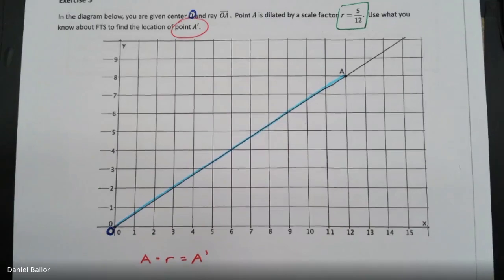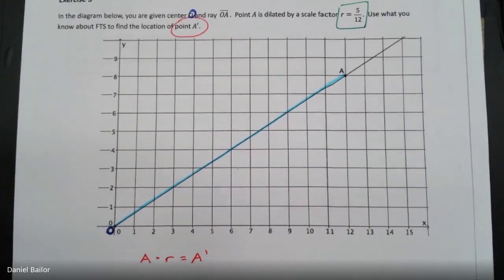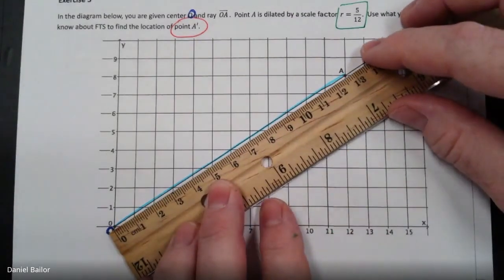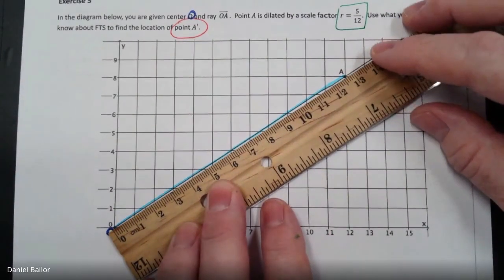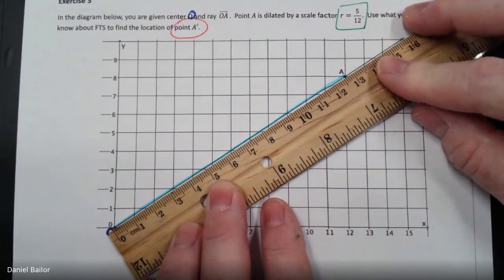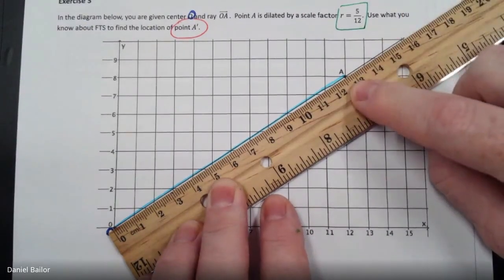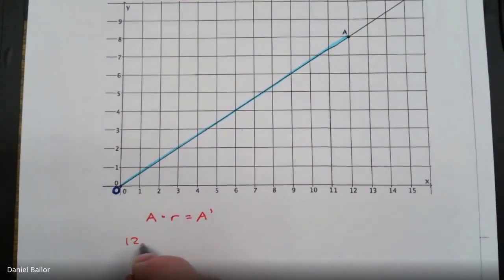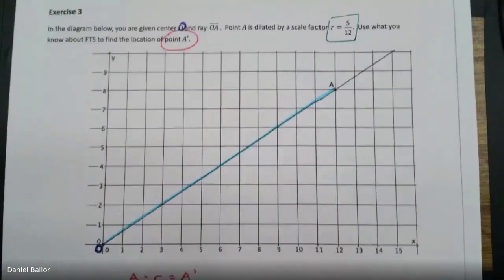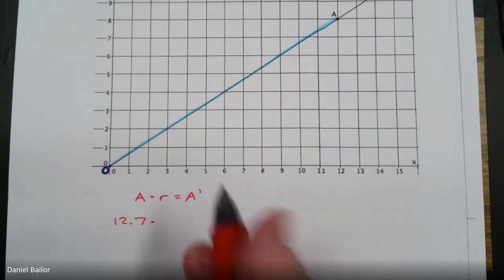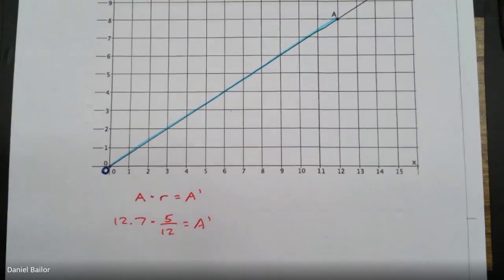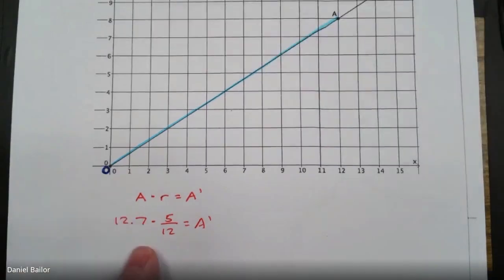So one way to do this is not the way I want you to, but if you want, you can measure the blue, and you can say that looks like 12.7 centimeters. So you can say 12.7 times R, which remember was 5/12. 12.7 times 5/12 equals A prime. And then you can measure it, and after you find your answer, you can put it somewhere where it goes.